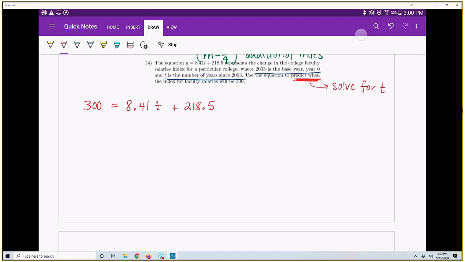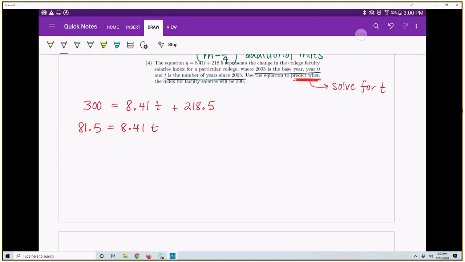I'm going to subtract 218.5 from both sides, which is going to leave me with 81.5. So 81.5 is equal to 8.41t. And then I'll divide by 8.41 to get t by itself.